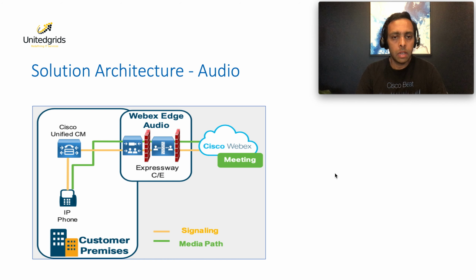Within one data center, I have 3 expressway E clustered as one single cluster, and 3 expressway C again clustered into one cluster. The rest of the solution will be pretty much the same as we see in the CCA. You can see the CUCM as well as IP phones, and the media traversing directly between your IP phones and the expressway E.